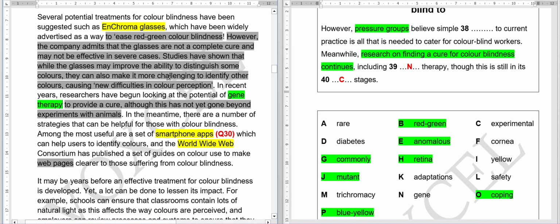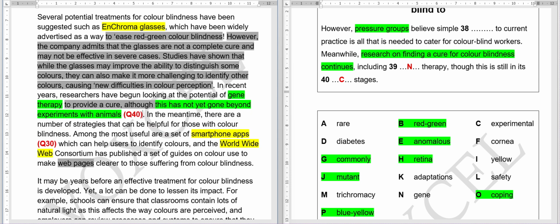So gene therapy, where it is written, it is in experiment. Here, this has not gone beyond experiments with animals. So this is our question 40. This is our question 39.